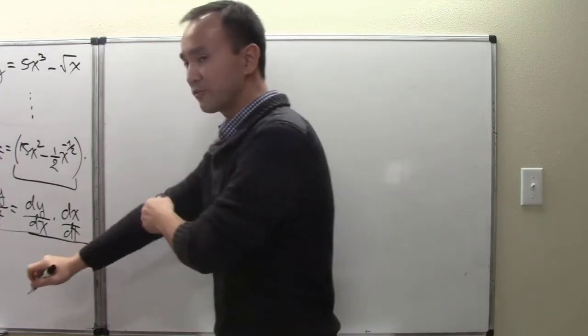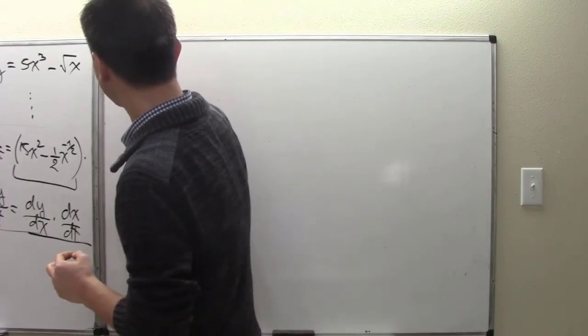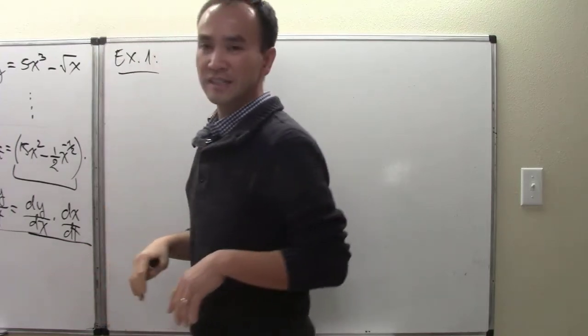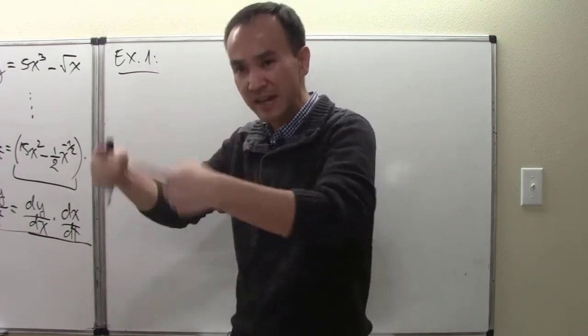All right, so now in this lecture, allow me to introduce example 1. We just want to get comfortable by going through a few repeated problems, where we keep repeating our understanding.